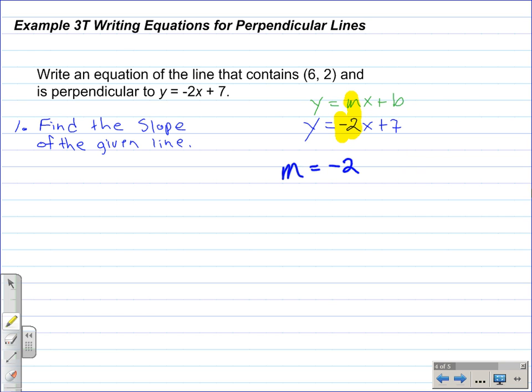Since we want to find the line perpendicular, we want to find this slope's negative reciprocal. I'm going to abbreviate here. Find the negative reciprocal. We want to find the negative reciprocal of the slope from here. So the negative reciprocal of -2.